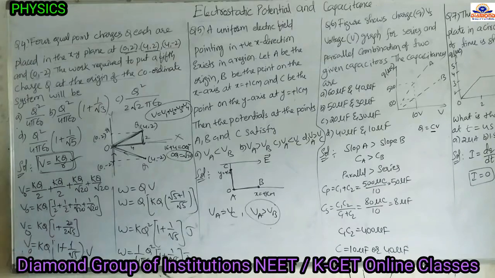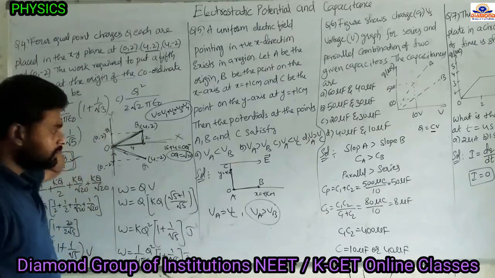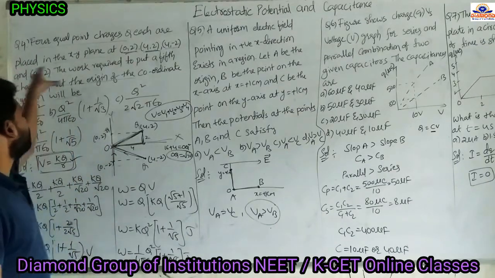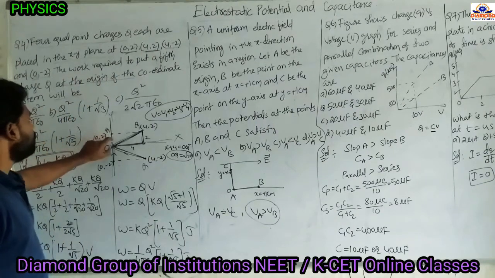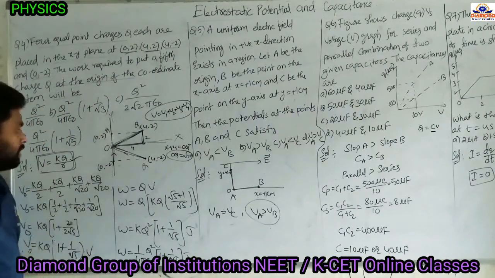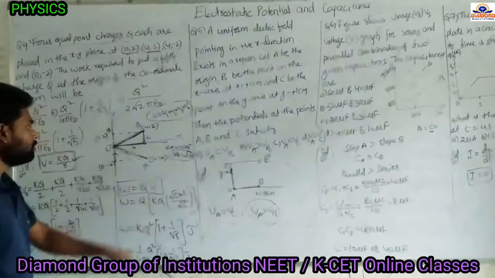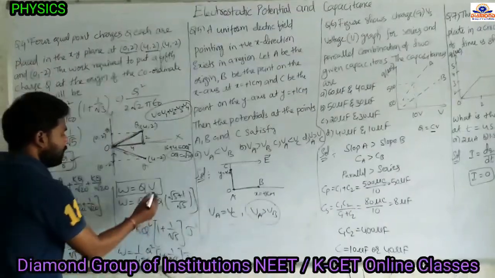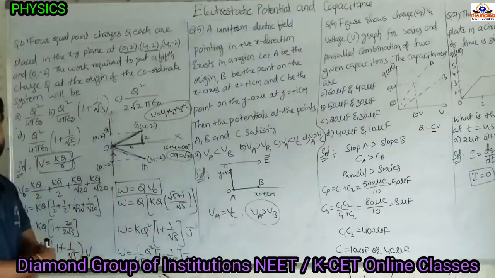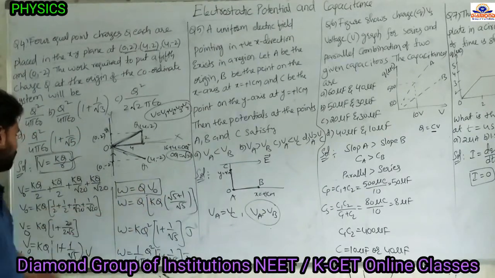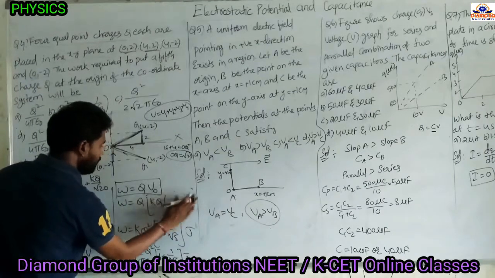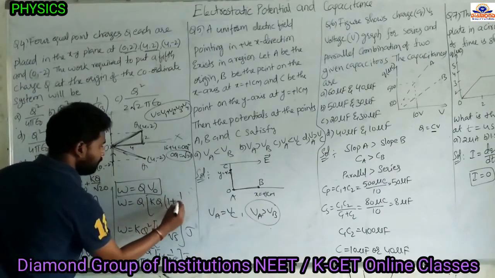Okay, and the next: this much of potential is there. Against this potential we have to bring one charge to here. We have to do some work, that work W equals Q into V. We are bringing the charge Q to the origin. Already at the origin we have the V0 potential. Now Q into the V0 value is KQ into, directly I am writing here, 1 plus 1 by root 5 only.